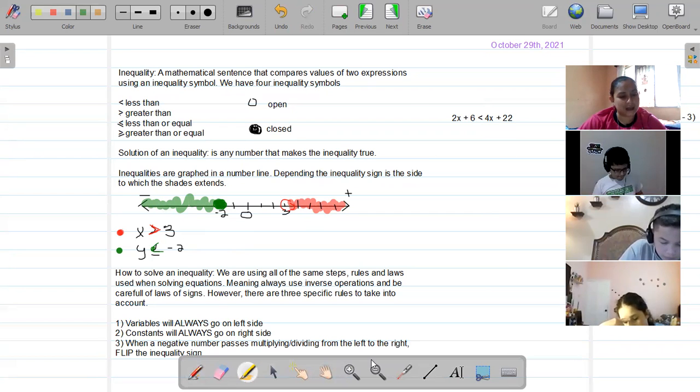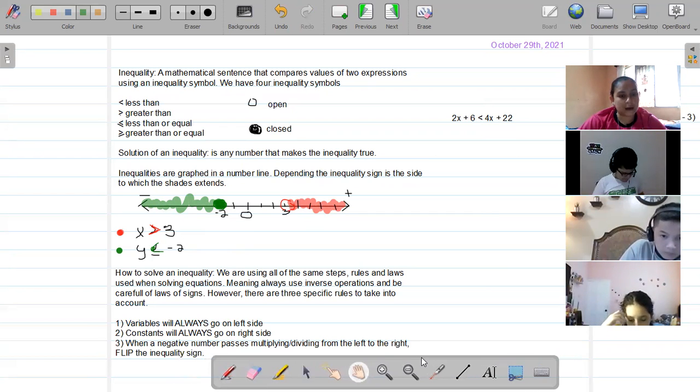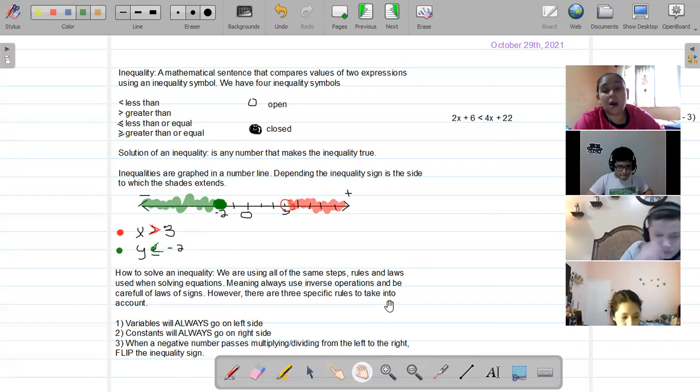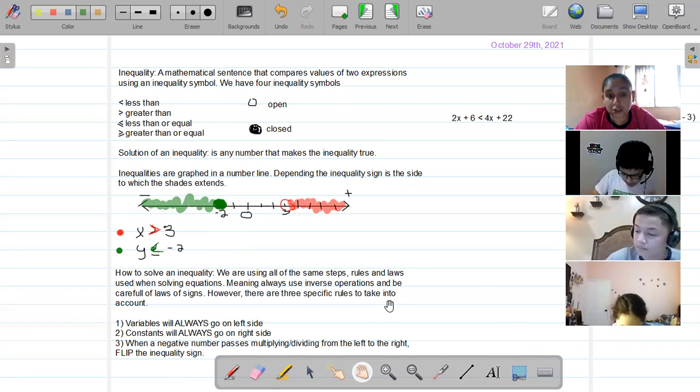What does it say? It says, how to solve an inequality. We are using all of the same steps, rules, and laws used when solving equations, meaning we always use inverse operations, and we will be careful of loss of signs. We will also be using distributive property if necessary. Remember, whenever we see a parenthesis, that's the first thing that we need to solve with distributive property.